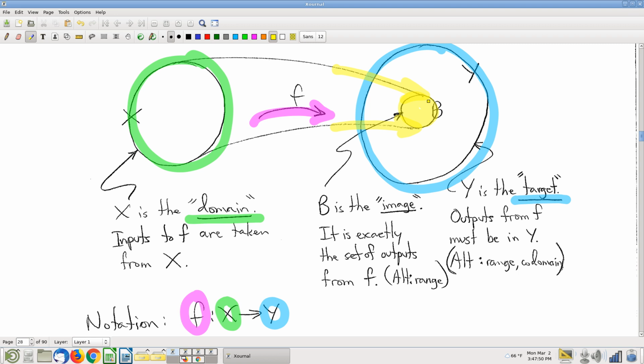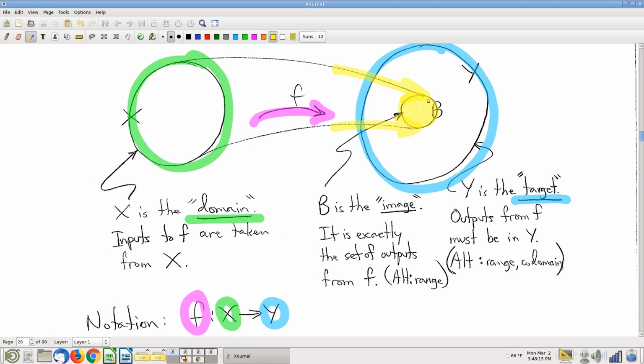The target's requirement is simply that all of the outputs have to be in the target. It is not required that the function actually fill up the target. So there can be some slack in there, some sloppiness, some looseness there.